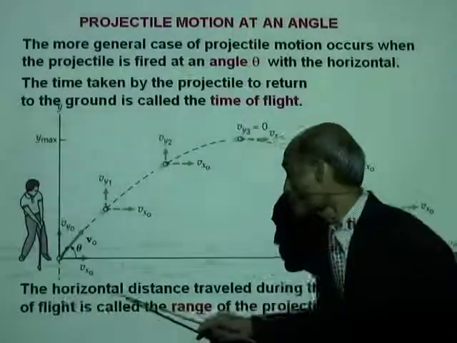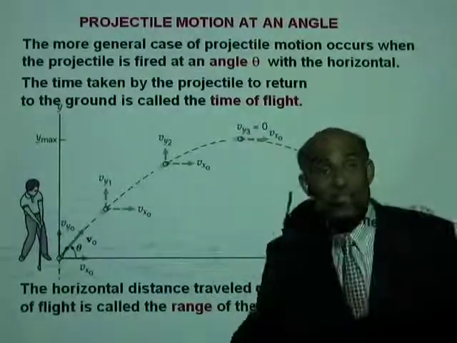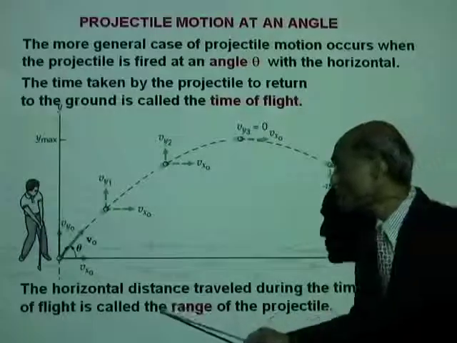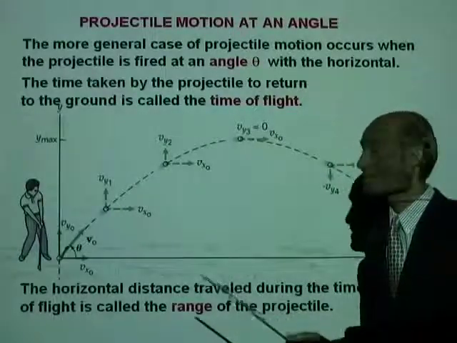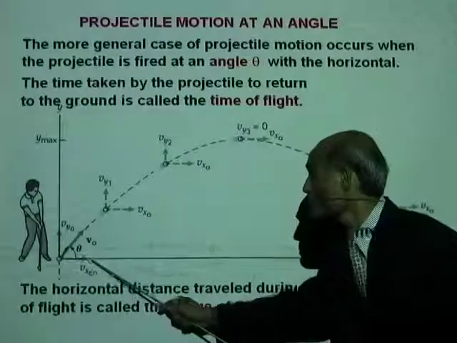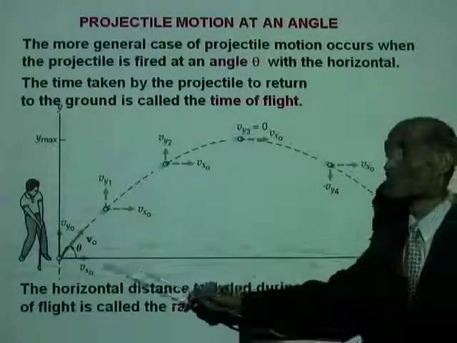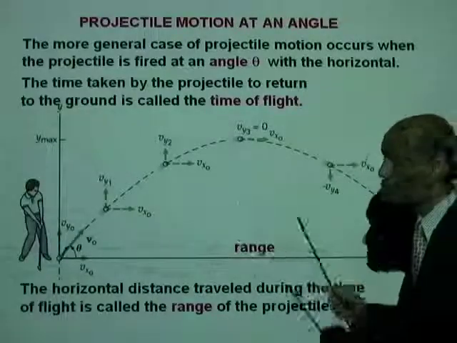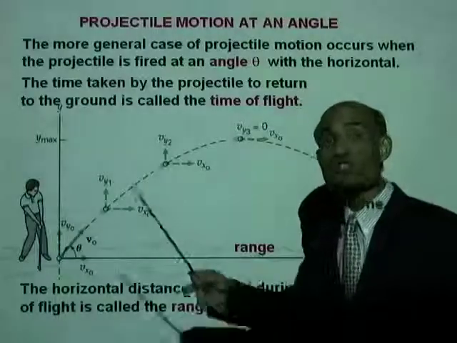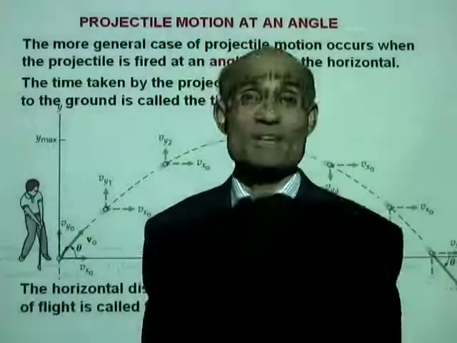And the horizontal distance traveled during that time of flight is called the range of the projectile. Some of these terms are very important for us.